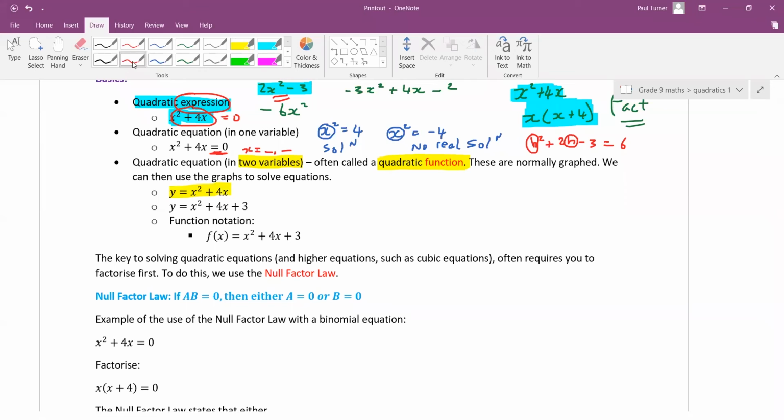Okay, so these have 2 variables, y and x. Okay, you could have it written as h equals 3t squared plus 2t minus 1. Okay, so this is also another quadratic equation in two variables.